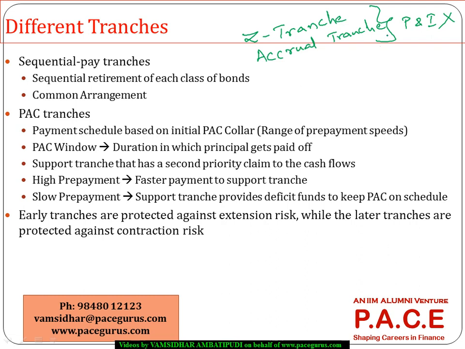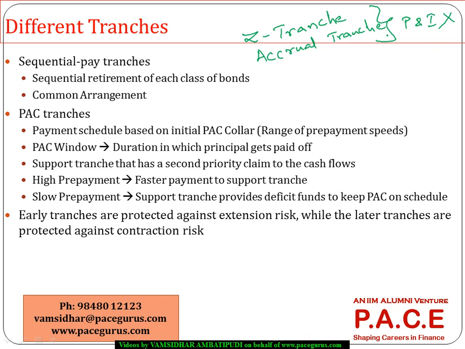It's like accumulation. They do not receive any principal or interest until all the other sequential tranches have been paid off. Their entire interest is accumulated and they are paid towards the last. That is why we call them accrual tranches. All the interest during this period is accrued and accumulated.